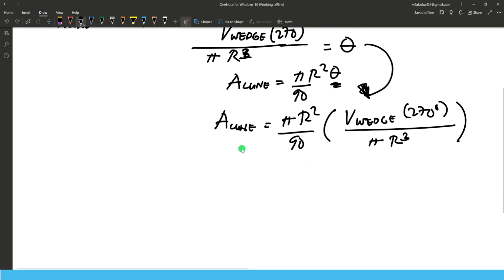What is required here is the radius. So this will be cancelled out, and what remains is r.